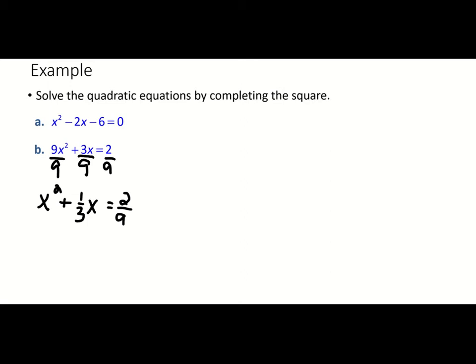Now, we need to take our 1/3 and divide it by 2. To get b, we need b divided by 2, squared. So we have 1/3 divided by 2, which is the same as 1/3 times 1/2, because remember you multiply by the reciprocal.